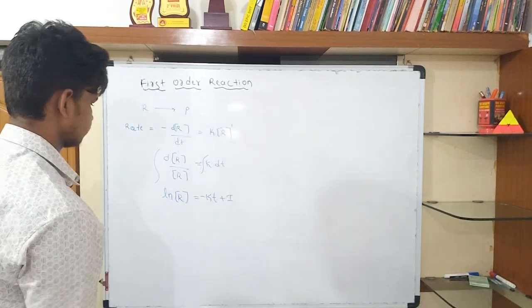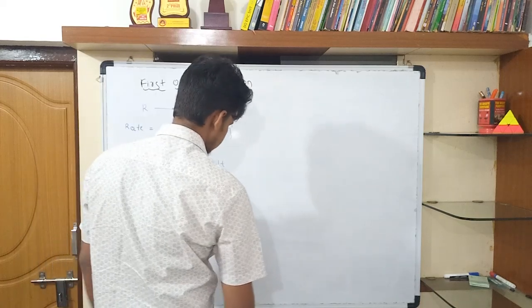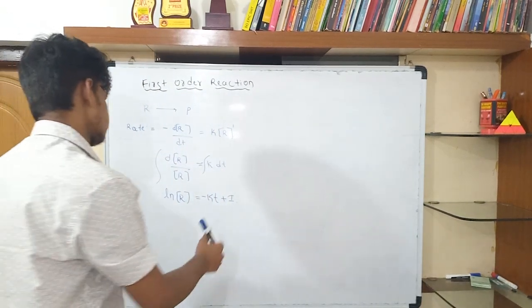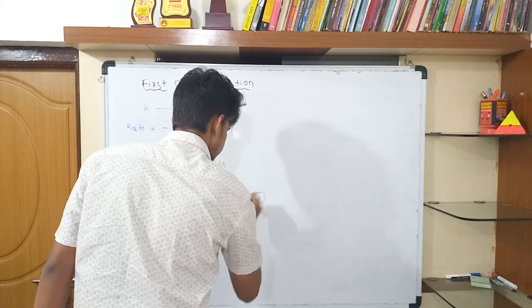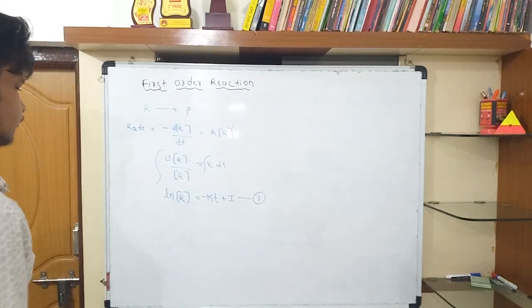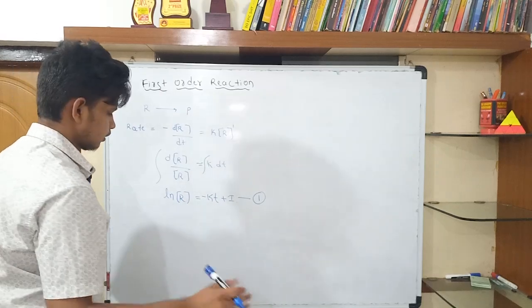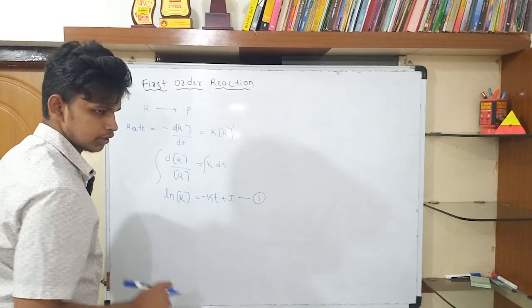After that, you can consider this equation as the first equation. After that again we have to substitute t as 0 and R as R naught.